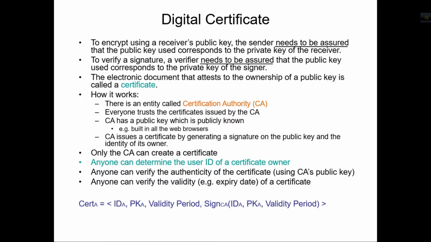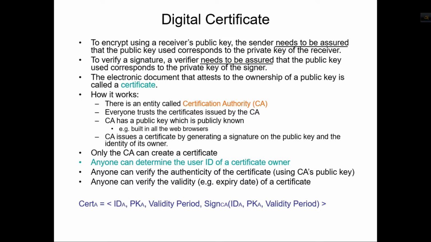The electronic document attached to the ownership of a public key is called a certificate. How does it work? Mainly, a certificate works with an entity called the certificate authority, that is called CA. Everyone trusts the certificate issued by the CA. CA has a public key which is publicly known.